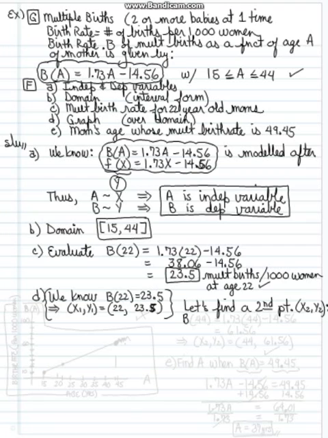So let's find b of 44. b of 44 is equal to 1.73 times 44 minus 14.56, which, after we put it through a calculator, is 61.56. So b of 44 is equal to 61.56, which tells us that our second ordered pair, x sub 2, y sub 2, is 44, 61.56. So using this ordered pair and this ordered pair, let's do our graph.